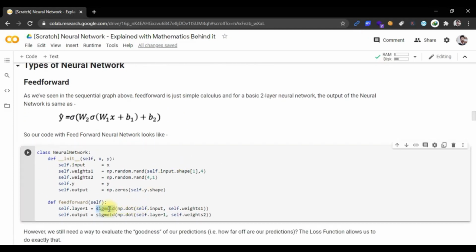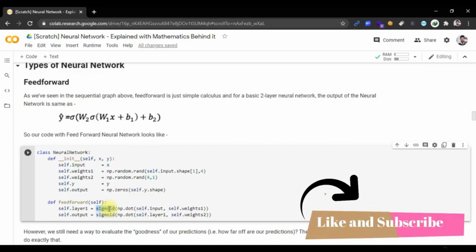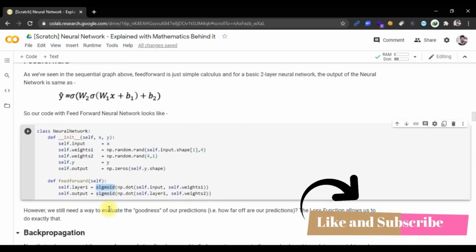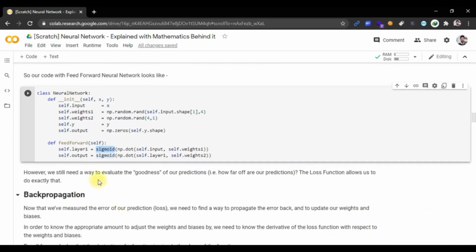I use the sigmoid activation function that just calculates on the basis of your input and weights and gets you the result. We can discuss activation functions in our other videos soon. So as you see, this is a simple feed forward neural network. There is nothing complex here.